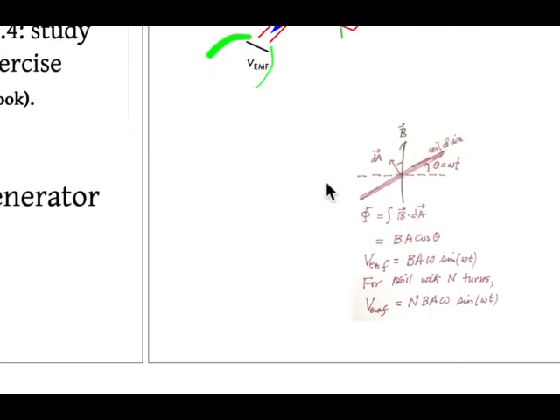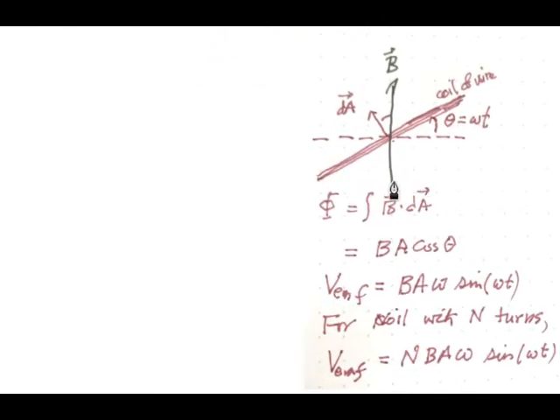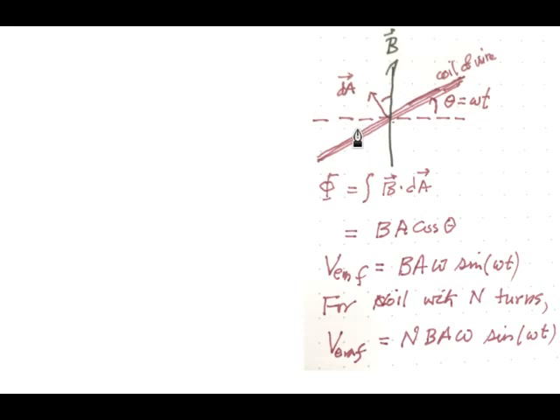So if I come down to some other time, here's where the coil of wire is at an angle perpendicular to the magnetic field, or rather dA is parallel to the magnetic field. But suppose the coil of wire rotates by an amount omega t. So phi is omega t.